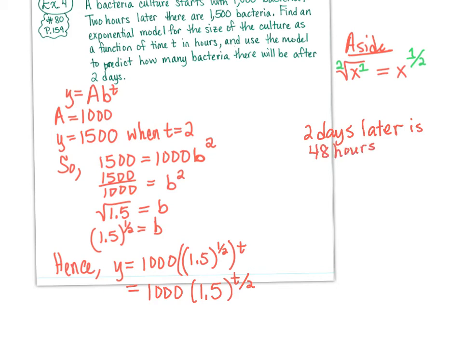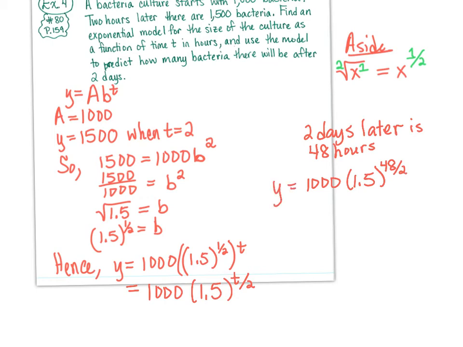So tell me what to do here. 48 for t. Good. Plug in 48 for t into what? 1,000, and then you times 1.5, and then you get the t, which is 48 divided by 2. Very good. And that will give us our y.